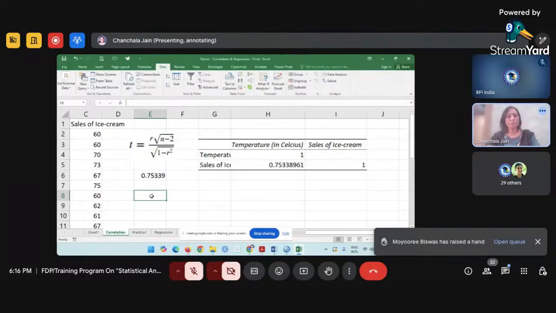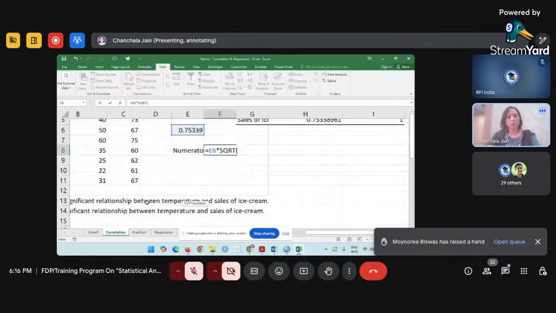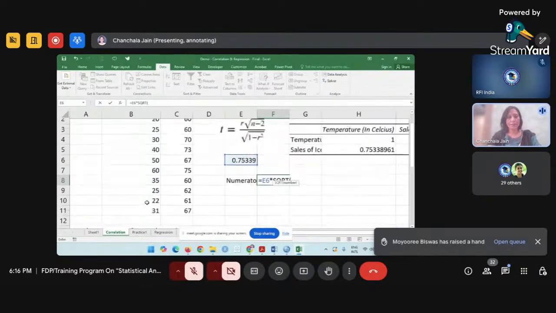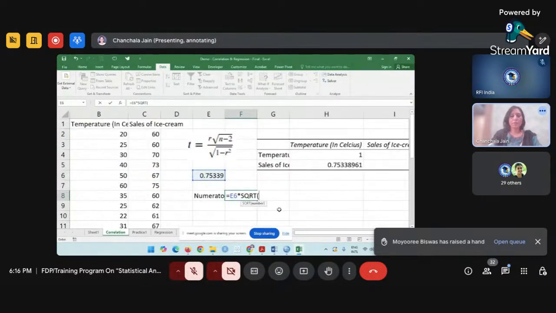Shall I proceed? So if I talk about the numerator of the formula, it is equal to r into square root of n. N was 10. 10 minus 2. Done?